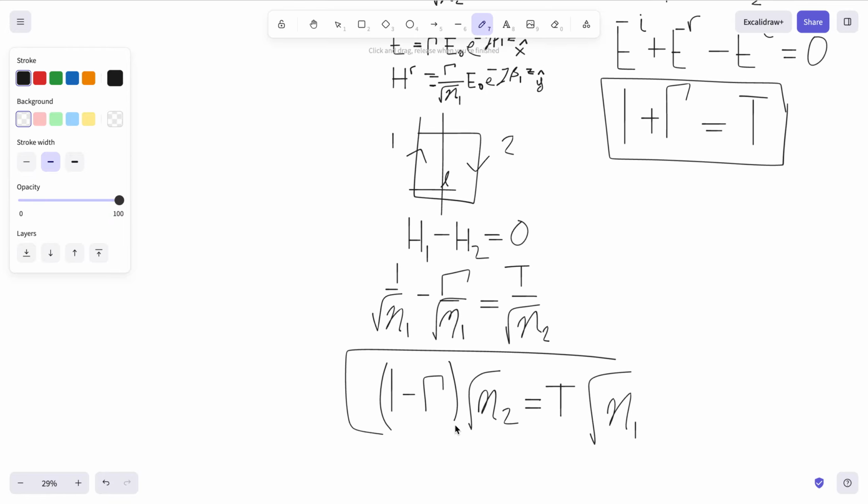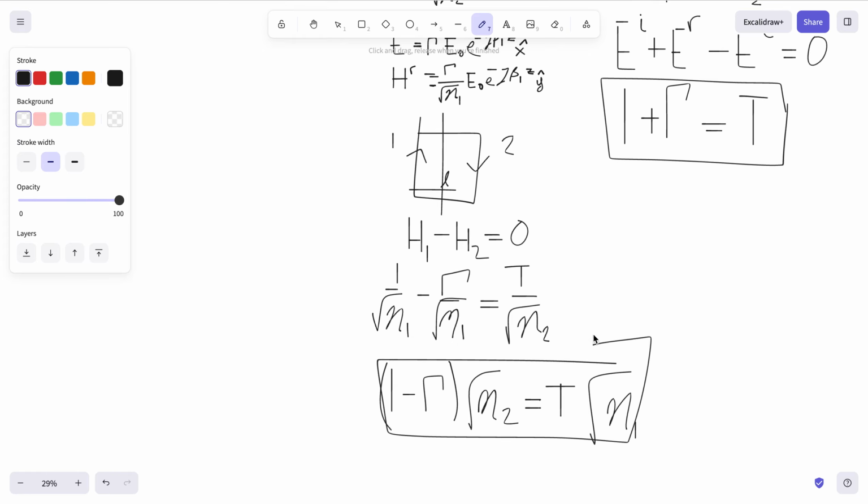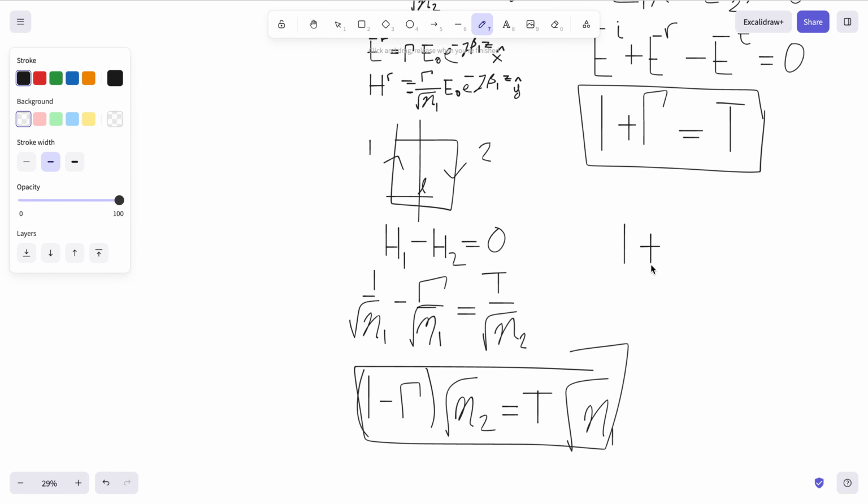And these two equations now give us relationships between gamma and t, which we can now solve as a system to be able to get t and gamma as functions of mu 1 and mu 2. So we can rewrite this now as 1 plus gamma is equal to 1 minus gamma times the square root of mu 2 over the square root of mu 1.